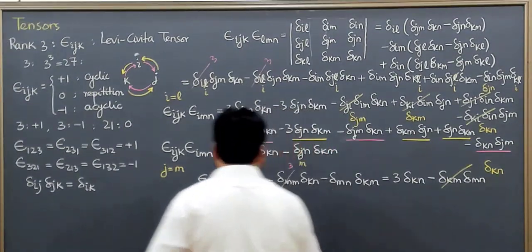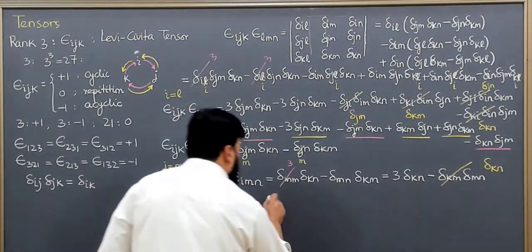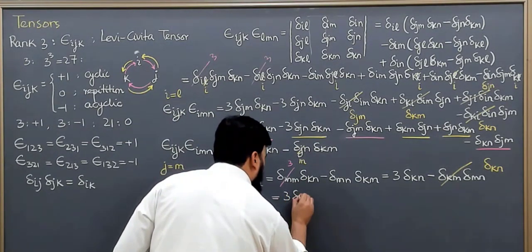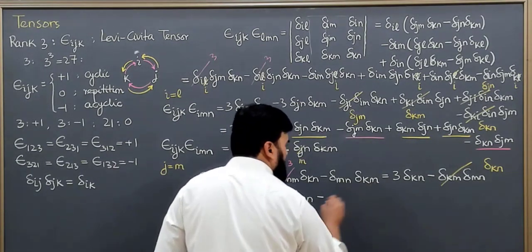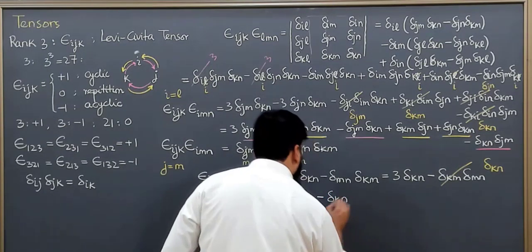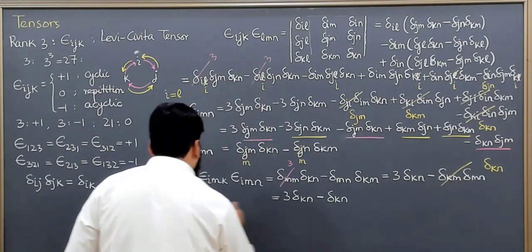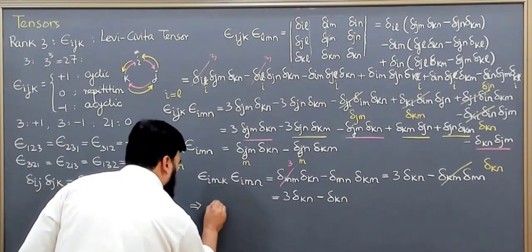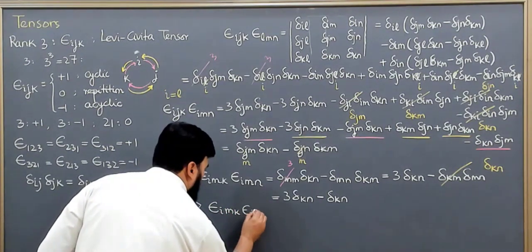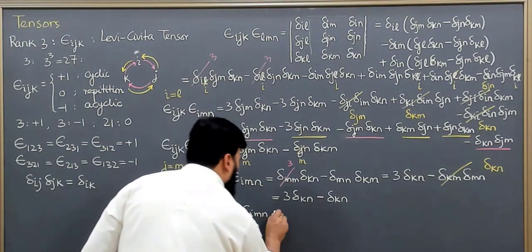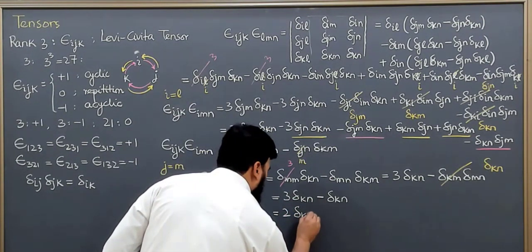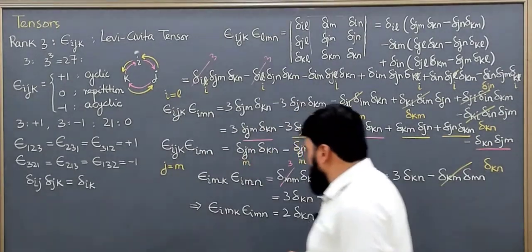So our identity will come out to be 3 times delta kn minus delta kn, and this will imply that epsilon imk and epsilon imn is equal to 2 times delta kn. So it's easy to remember.